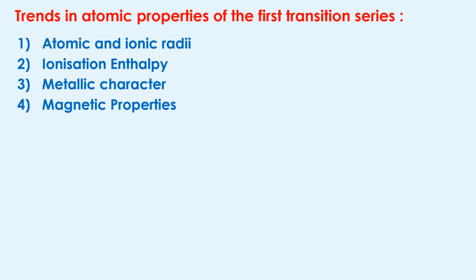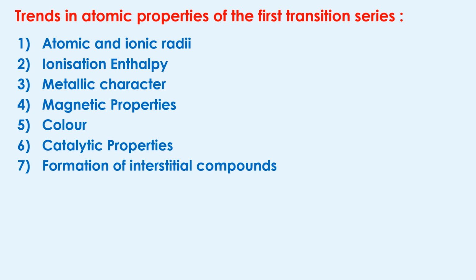Fourth is magnetic property. Fifth is color. Sixth is catalytic property. And seventh is the formation of interstitial compounds. To study these transition elements, we have to see the trend of some of the atomic properties which we now have to discuss here.